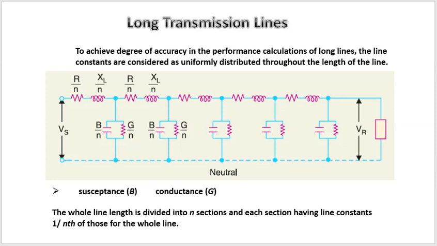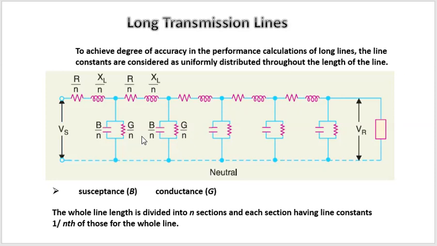Now, in front of you is an equivalent model of a long transmission line. Here you can see that the impedances, either series or shunt, have been divided into different sections, and the whole length is divided into n sections, where each section has line constants equal to 1 over nth of the total line.